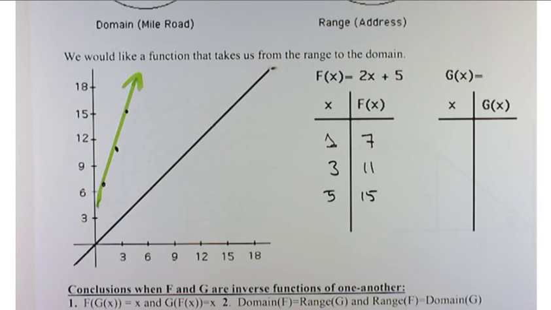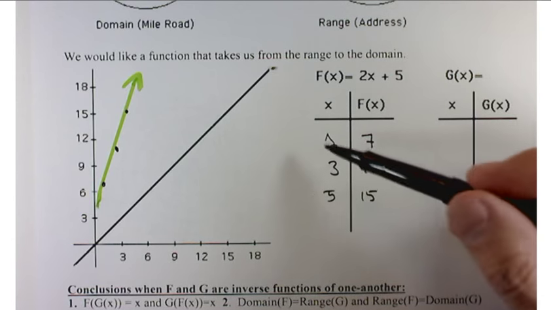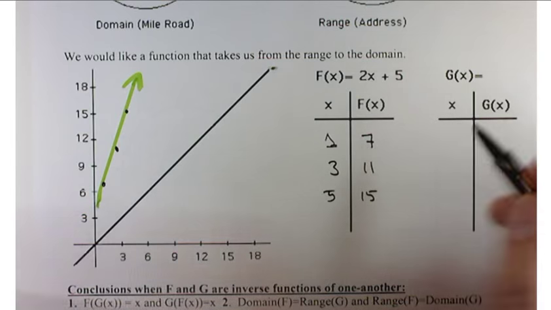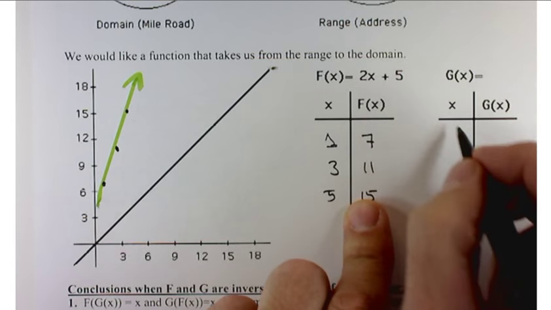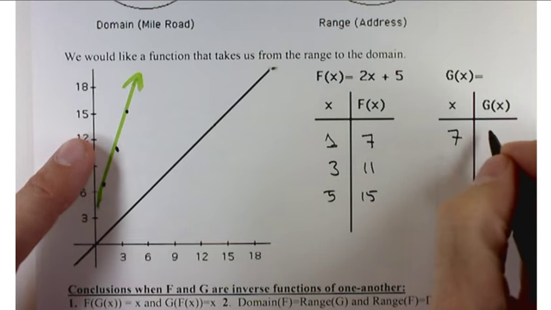Now the thing about the inverse is that it does the opposite of what the function does. So the inputs are different. What I want to input is not the mile road, I want to input the address. So if I have my inverse function here, and I input a 7, what do I want to get out? A 1. I want this mysterious function to give me a 1.